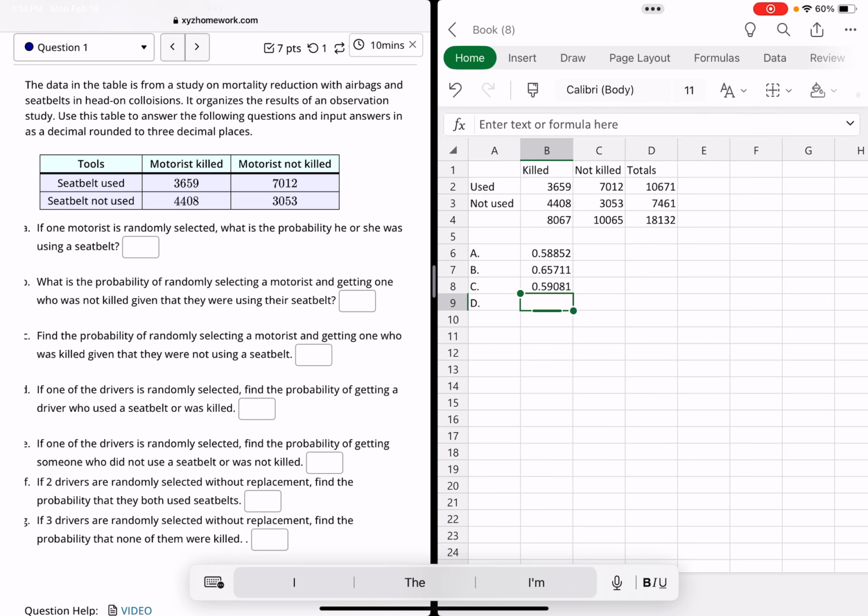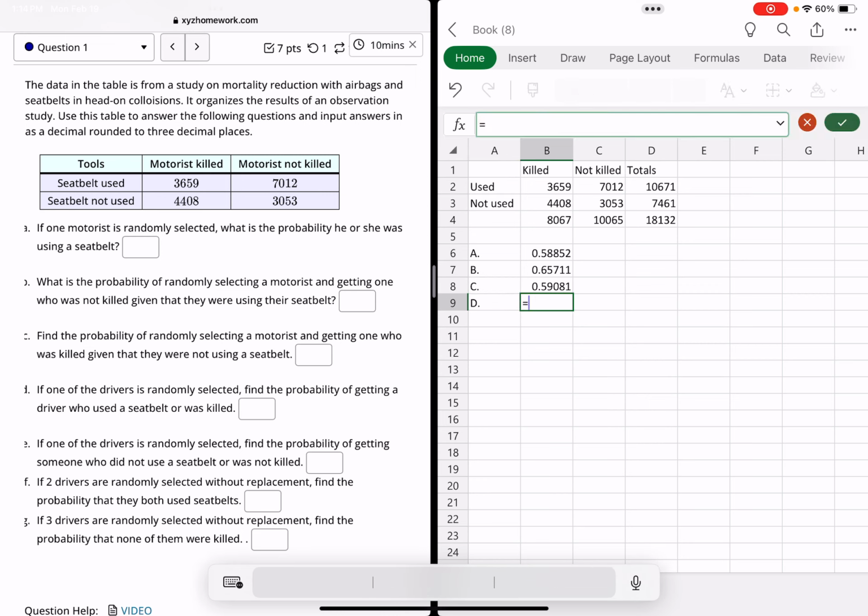All right, equals. Okay, if one of the drivers is randomly selected, find the probability of getting a driver who used a seatbelt or was killed. Used a seatbelt or was killed.